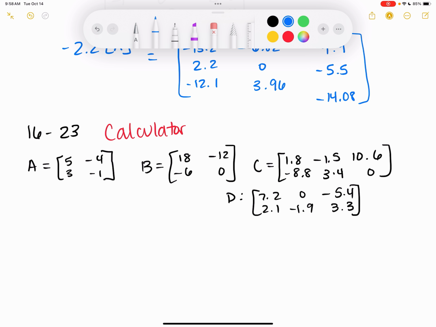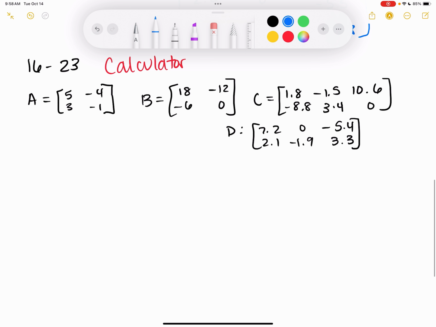You would be having to do a whole lot of stuff, and A and B aren't really that awful, but C and D, with them being decimals, I'm just going to have you do these in your calculator. So what I would do at the beginning is plug all of these matrices into your calculator. In A, put in the 2 by 2, B, put in the 2 by 2, and then go ahead and put these in for C and D.